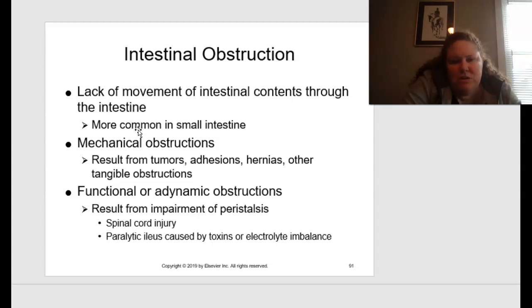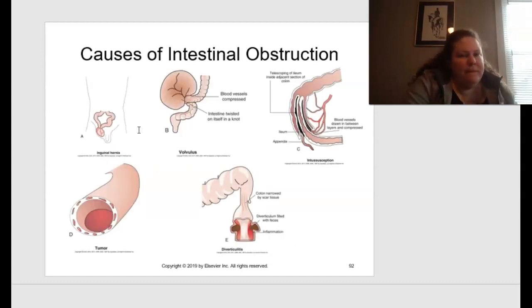This can be functional or adynamic obstructions, and these can result from impairment of peristalsis, that pulsating movement through your GI system. This can be potentially from a spinal cord injury or a paralytic ileus that was caused by toxins or an electrolyte imbalance.